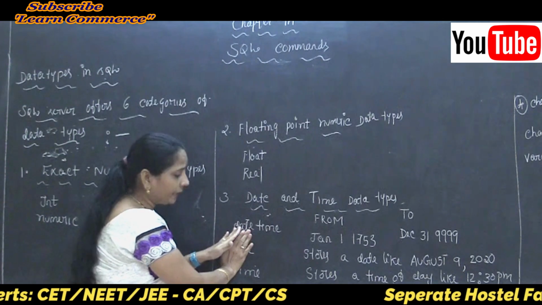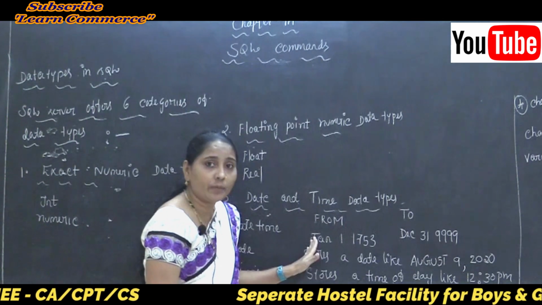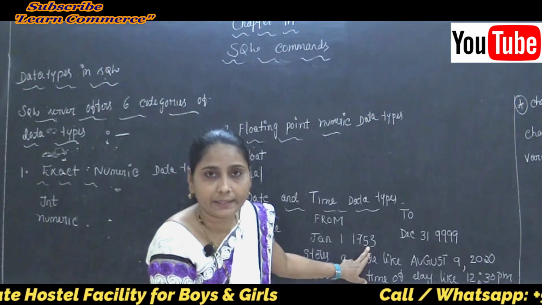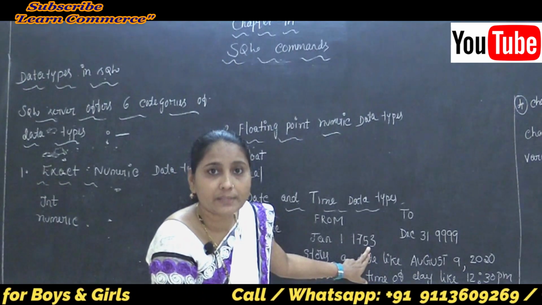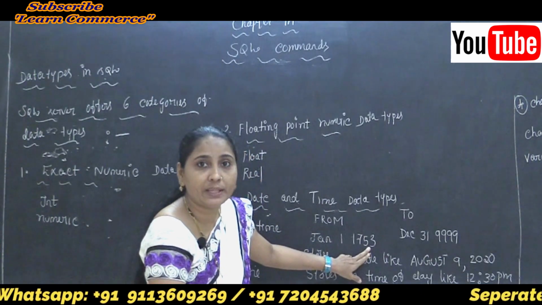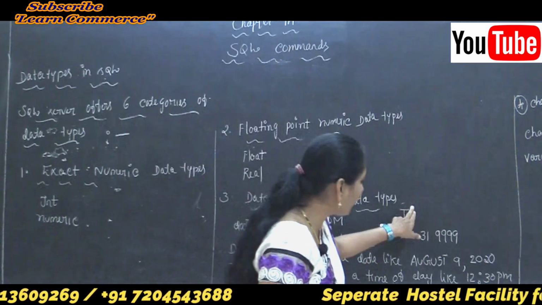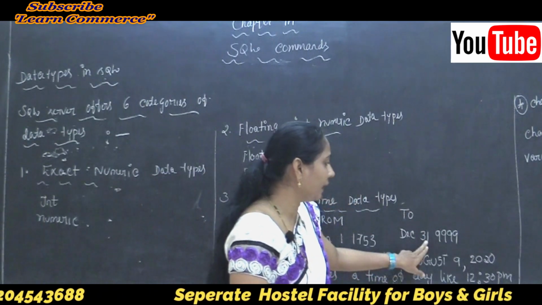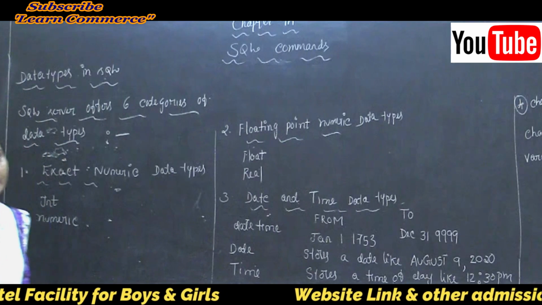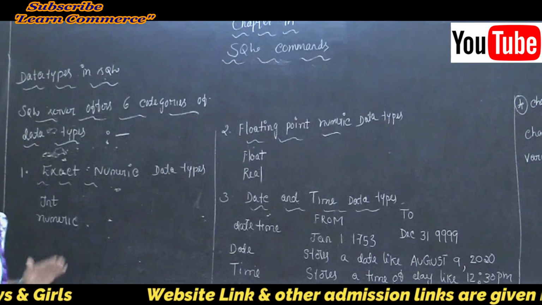The date starts from January 1st, 1753, and we can enter dates in our database up to December 31st, 9999.